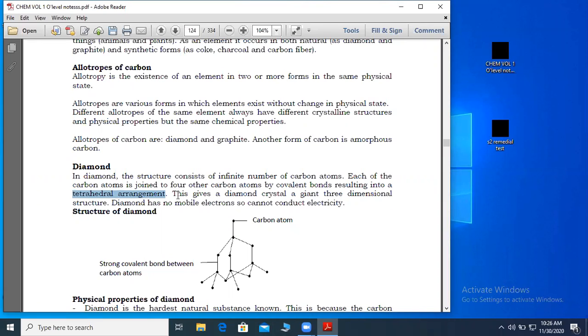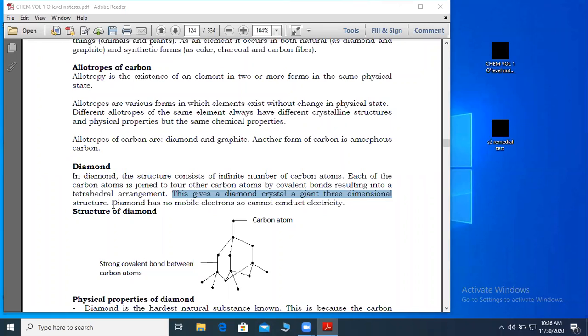This gives the diamond crystal a giant 3-dimensional structure, as we said the structure of graphite and diamond is giant molecular.